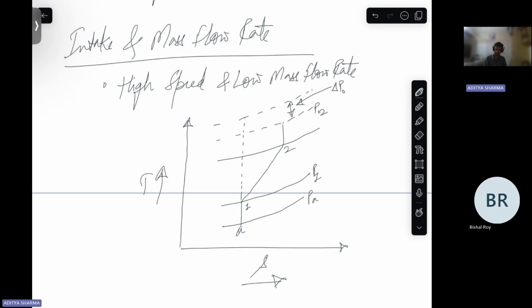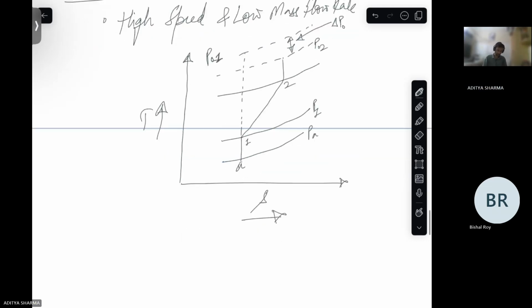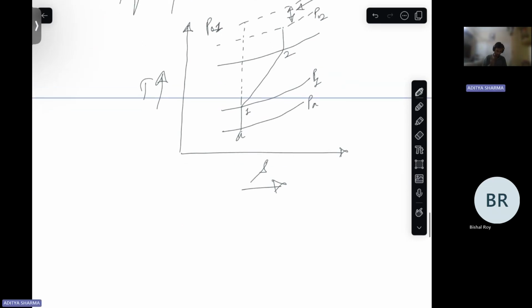The diagram is something like this. This is two. This is one. And from somewhere here it is coming like this.